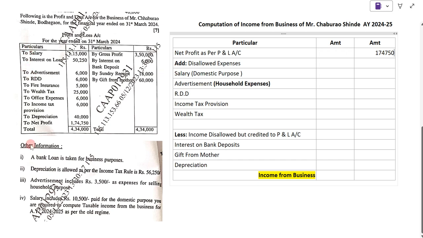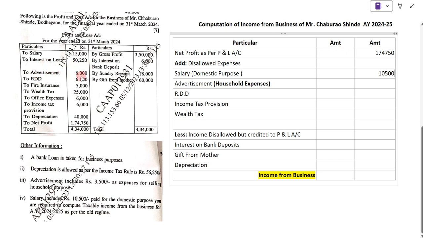First will be the salary. Now 10,500 is used for domestic purpose, so write 10,500. After that, interest on loan. Now the bank loan is taken for business purpose, so this is not a disallowed expense.